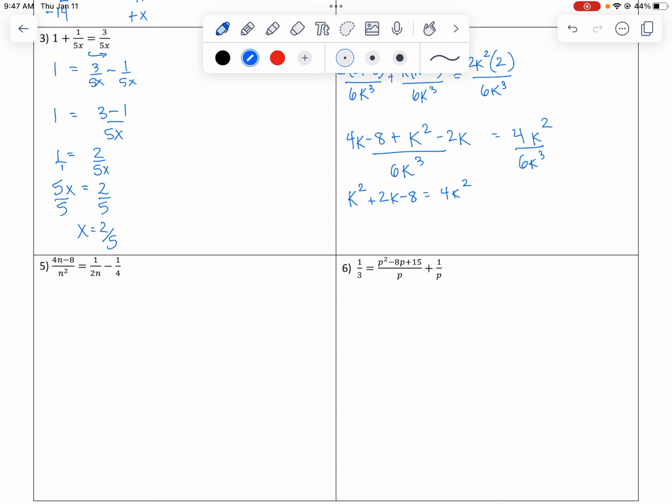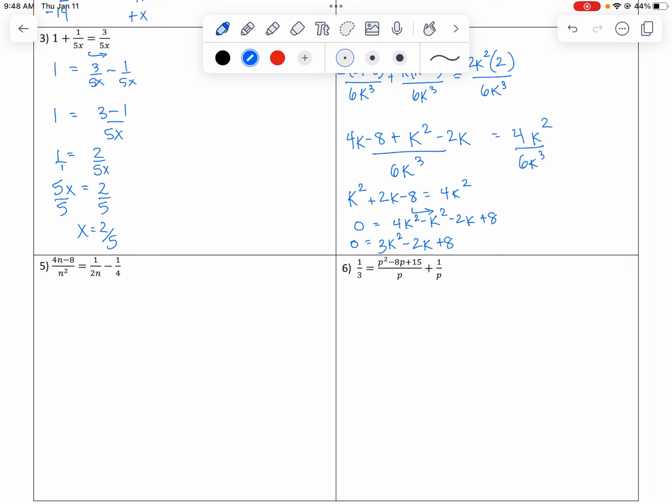So I'm going to move everything over to one side and set this equation equal to 0. So I'm going to say 0 is equal to 4k squared minus k squared minus 2k plus 8. So I've now got a polynomial that is 0 equals 3k squared minus 2k plus 8.